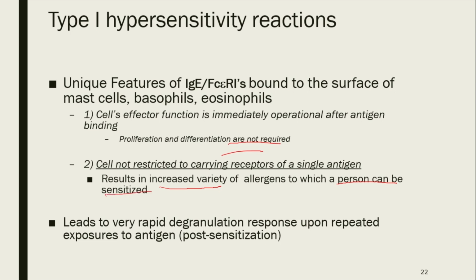It's almost like once you've been sensitized once, it's going downhill: you can be sensitized to another one, then a third, and a fourth. So that leads to multiple allergies. Some people are just allergic to a lot of things because of this type of mechanism.